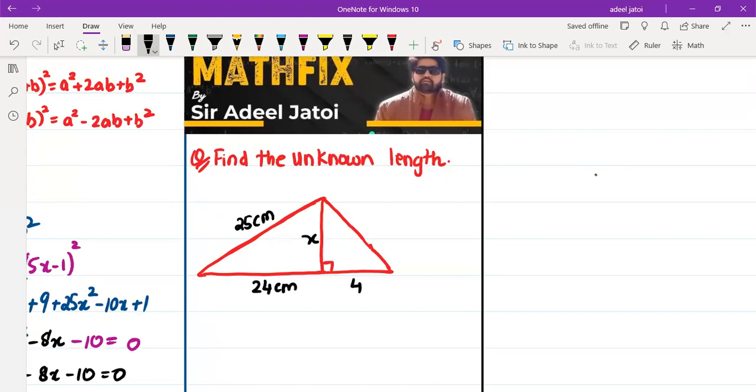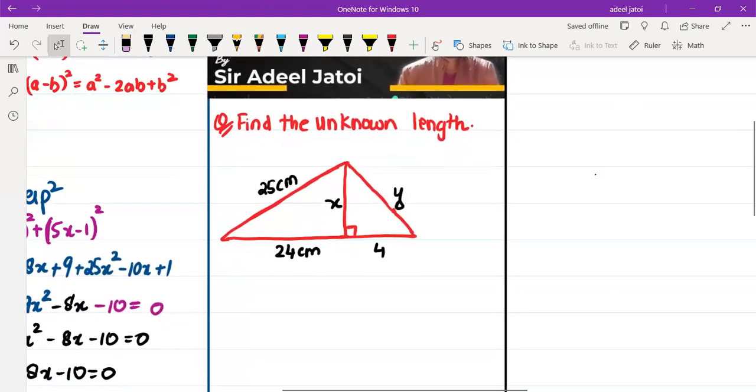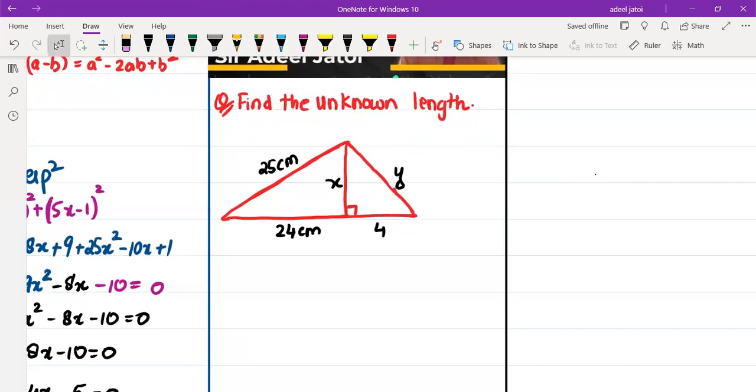This side becomes 4 centimeters, and this becomes y. So that means there are two variables that you need to find out. Now, the examiner will definitely tell you which one to find out first, but even if the examiner is not clear about which one to find out, then the information that is there in the question will help you out.